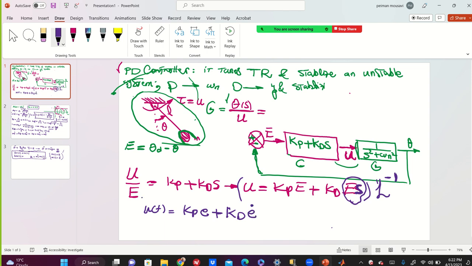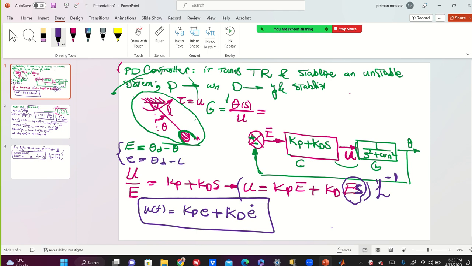Here we go. Understand, everyone? So, but we defined E. Here we go. E is desirable angle minus real angle. Okay, good. Desirable angle is pi over 4, for God's sake.